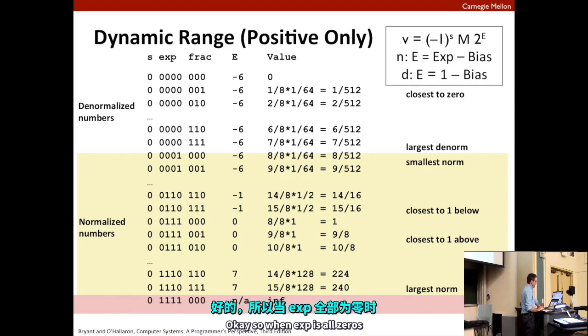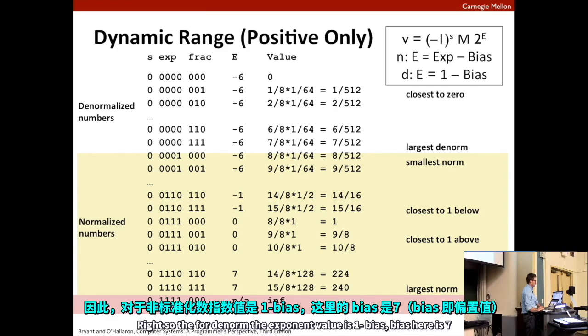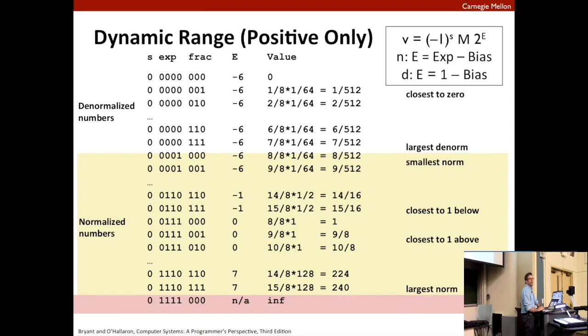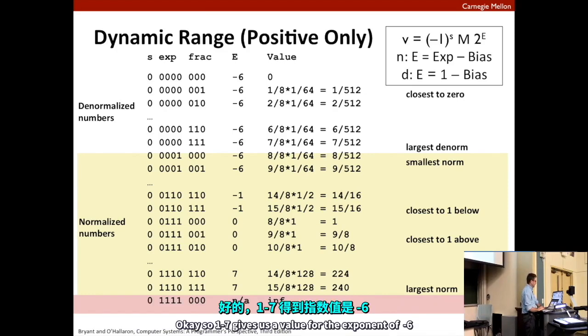Okay, so when exp is all zeros, that's a denorm, by definition. And then we have the 3 frac bits are all 0. Remember the exp is all zeros, so for denorms, the exponent value is 1 minus the bias. Our bias here is 7. So 1 minus 7 gives us a value for the exponent of minus 6.